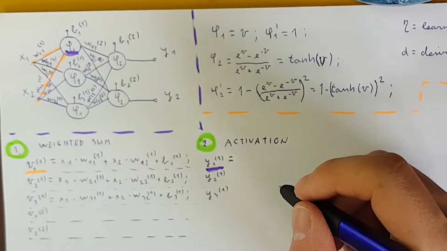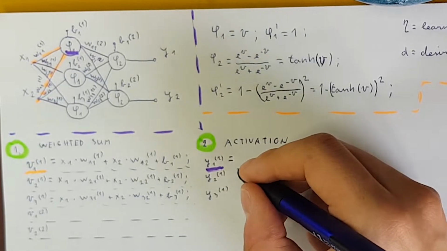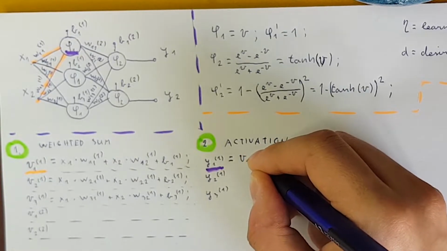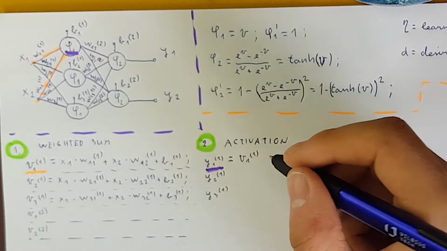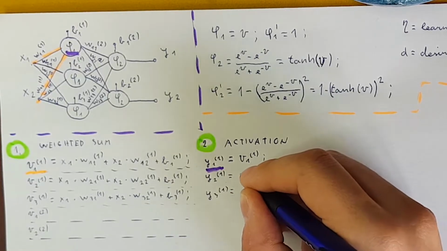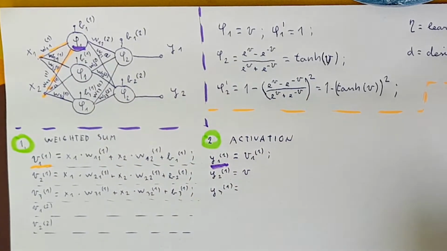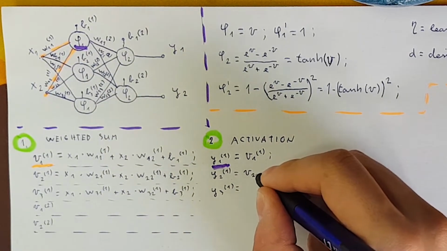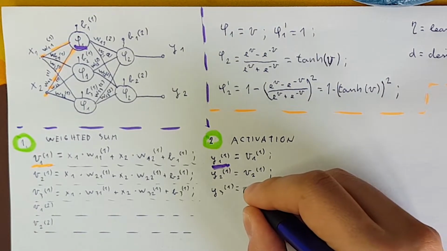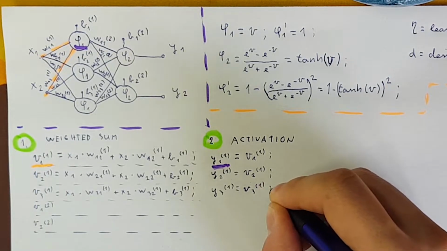So we can just write that y1 of first layer is equal to v1 of first layer, and similarly for the others: y2 of first layer is v2 of first layer, then y3 of first layer is v3 of first layer.